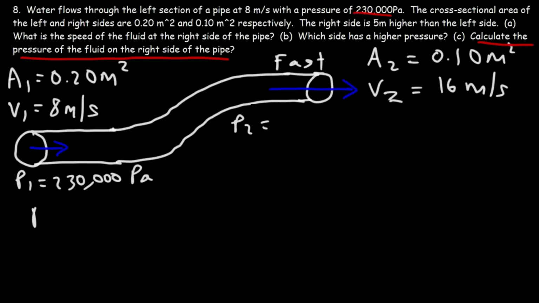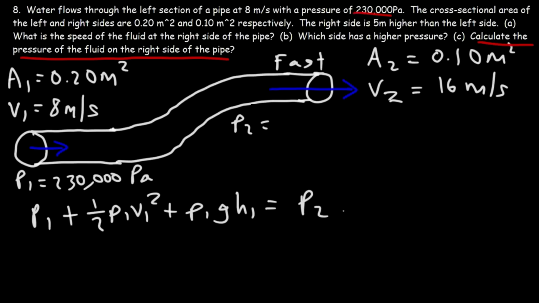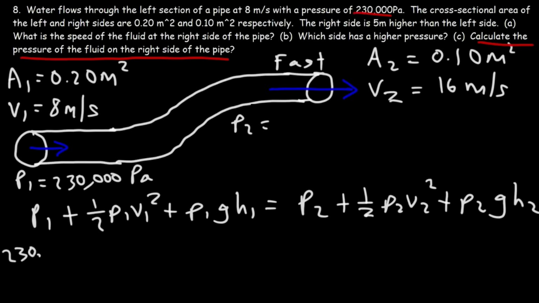So here's Bernoulli's equation. P1 plus 1/2 rho 1 V1 squared plus rho 1 G H1, that's going to equal P2 plus 1/2 rho 2 V2 squared plus rho 2 G H2. So P1 is 230,000 pascals.